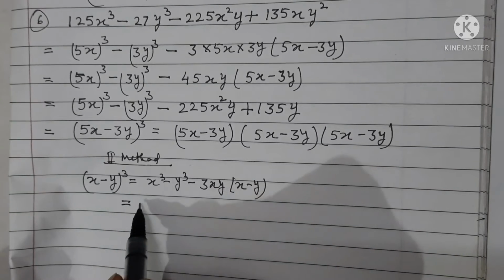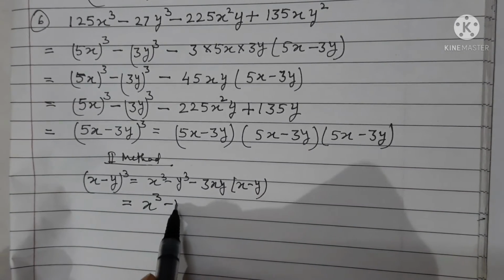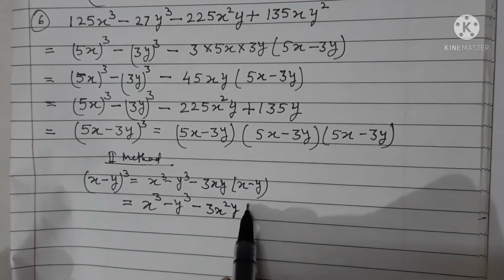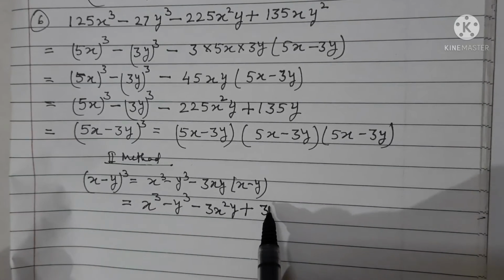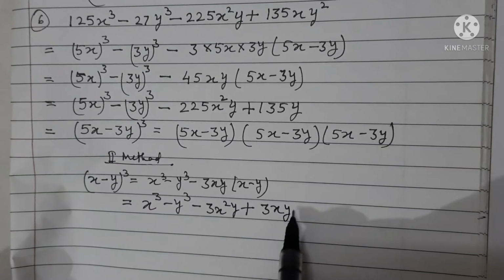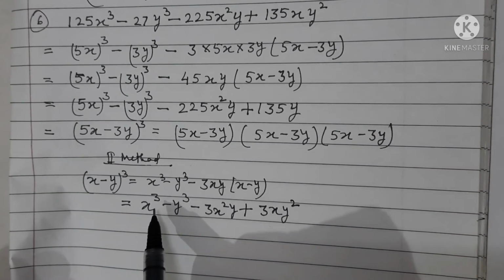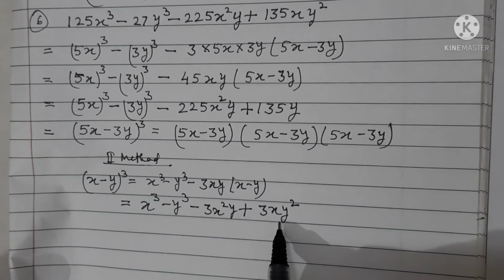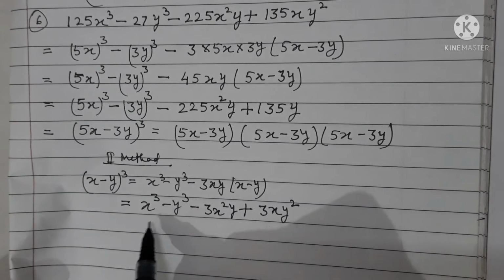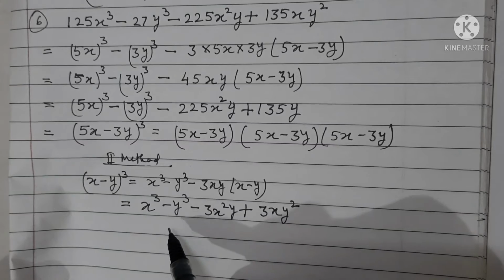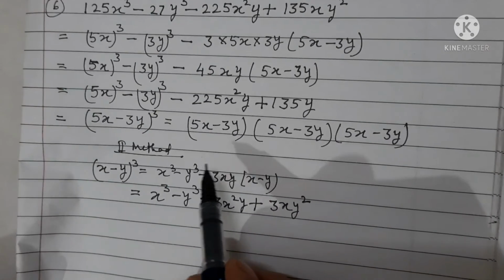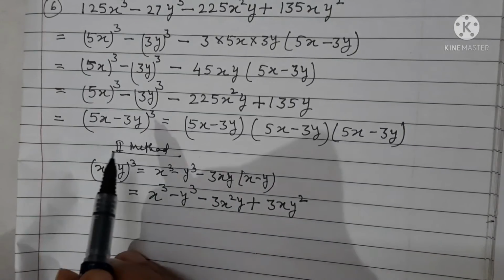Now x cube minus y cube minus 3x square y plus 3xy square. So we will solve this question by taking this identity also. You can use both identities and solve by any method.